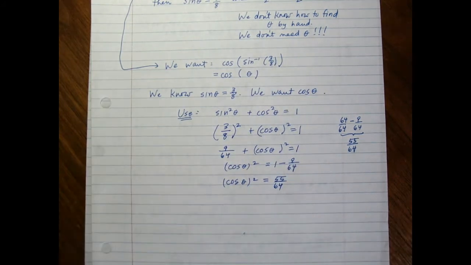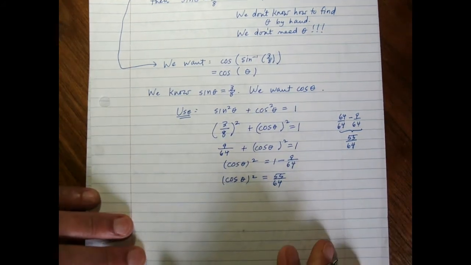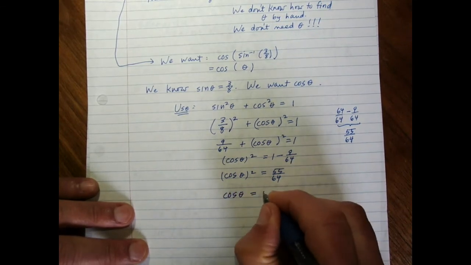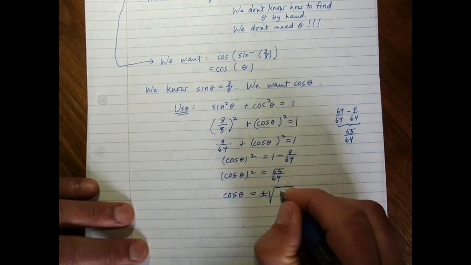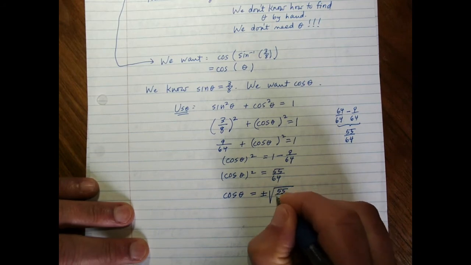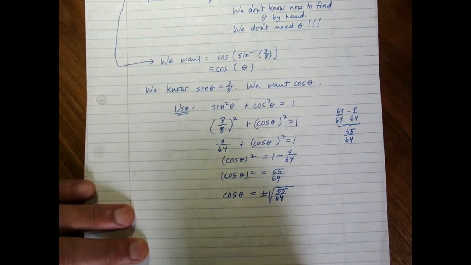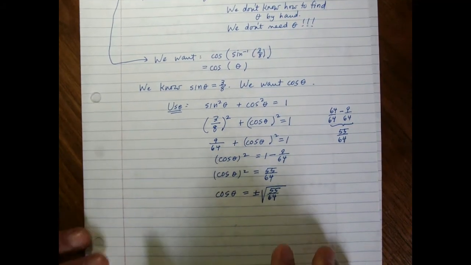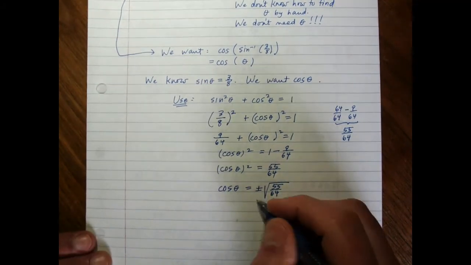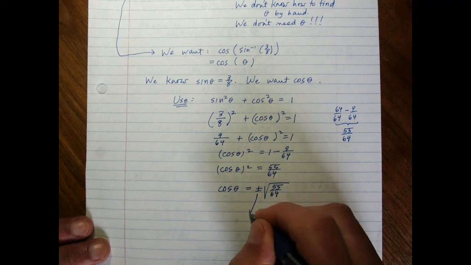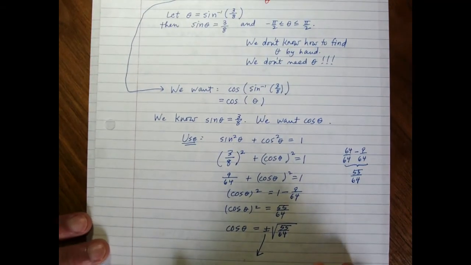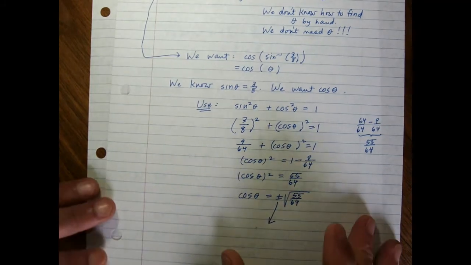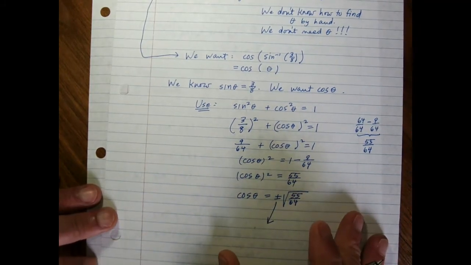Doing this by hand. And so cosine theta, now I can take square roots, is plus or minus the square root of 55/64. And I got to make a choice now. I need to know whether to use a plus or minus sign. And in the past, we've made that decision by looking at what quadrant the angle is in.